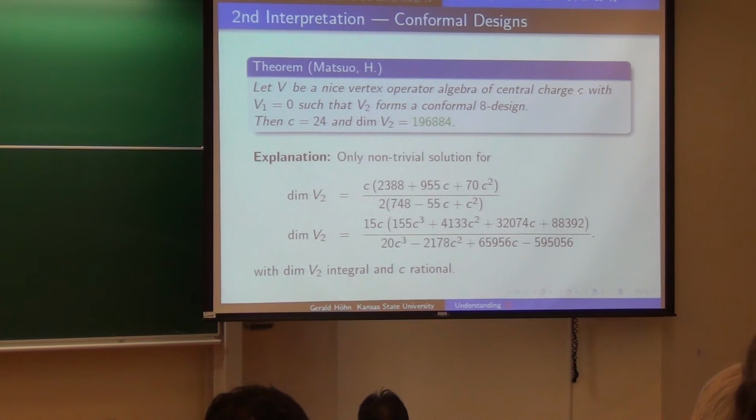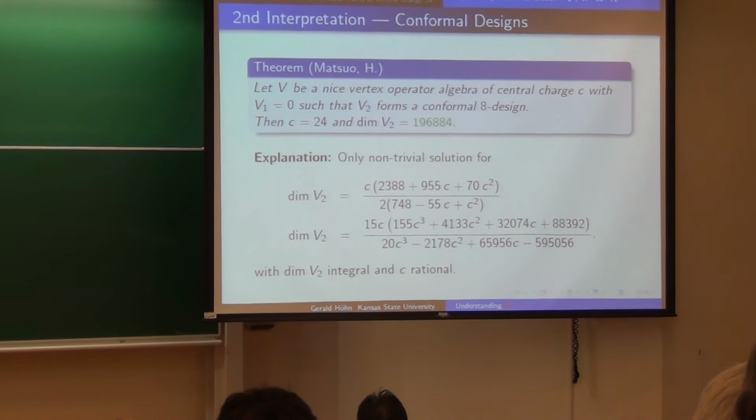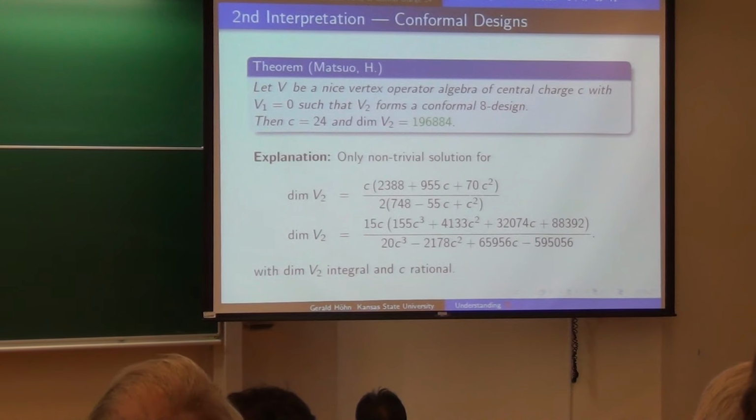And now what one has is that if one looks at a conformal 8-design vertex operator algebra, where the degree 2 part should form a conformal 8-design, and one assumes that the V1 part is 0, then what one gets is that the central charge of the vertex operator algebra has to be 24, and the dimension of the V2 part has to be 196884.